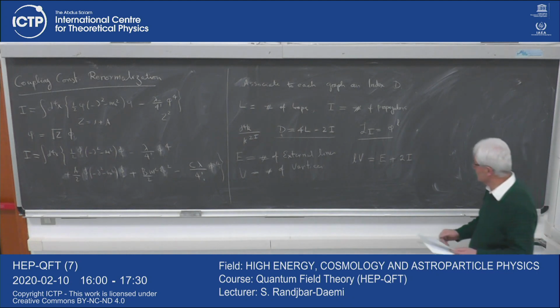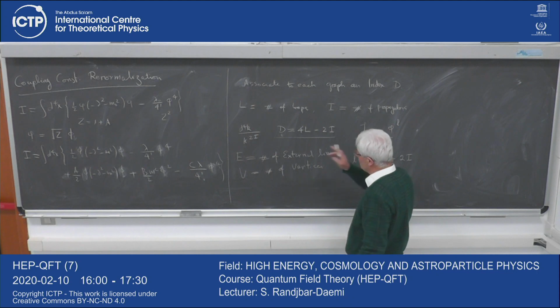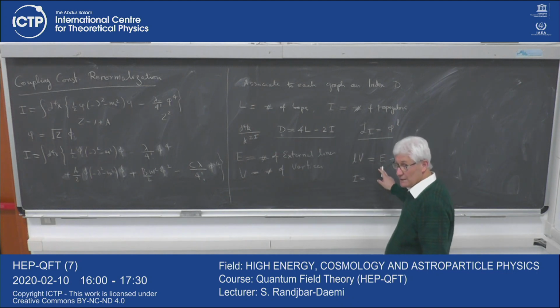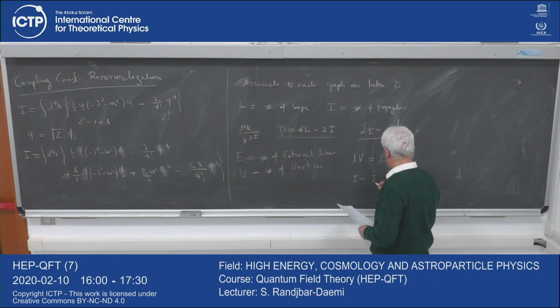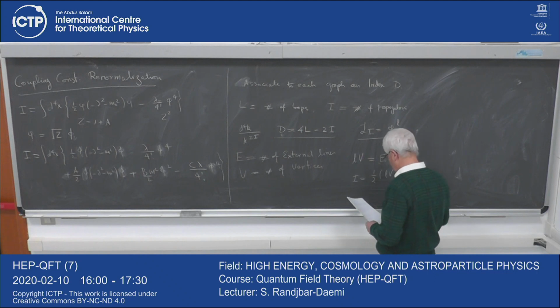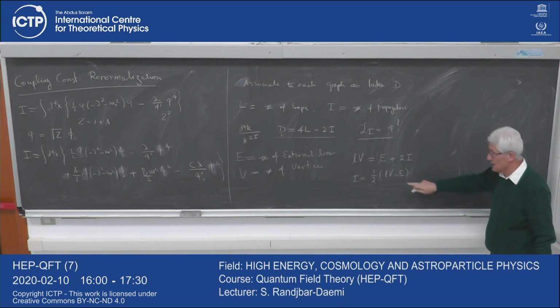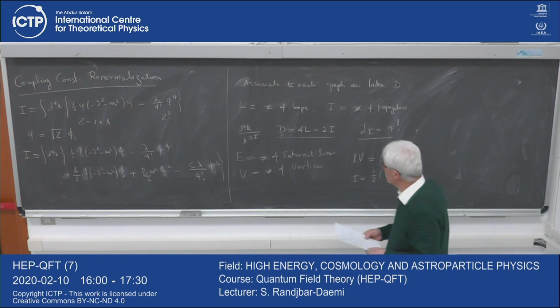So this tells you that I can be expressed in terms of these 2 parameters, because remember that we want to express D in terms of number of vertices and number of external lines. So we eliminate I from there, and the simple algebraic equation gives you I in terms of the number of vertices, the power of interaction, and the number of external lines. Likewise, the number of loops can be expressed in this form.